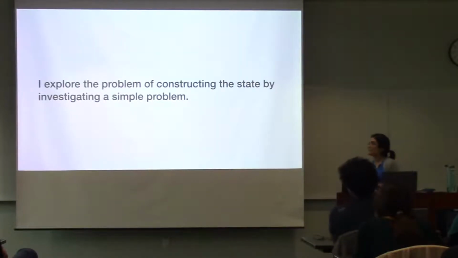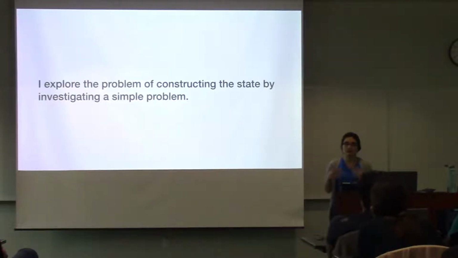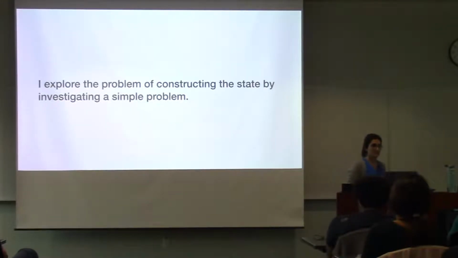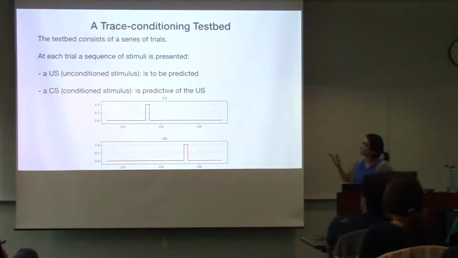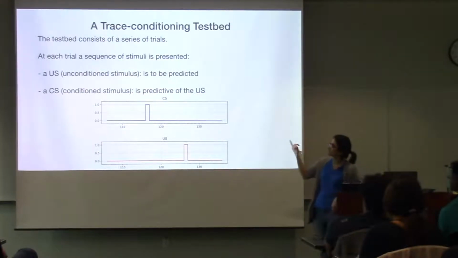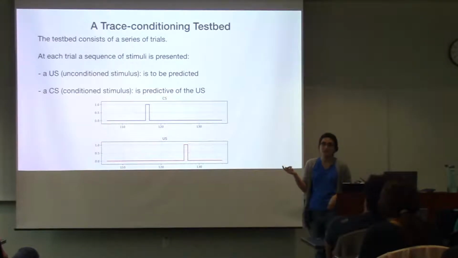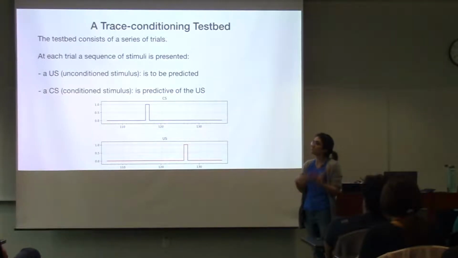In this talk, I will explore constructing the state using a simple problem. The problem is a trace conditioning testbed. The testbed consists of a series of trials. At each trial, a sequence of stimuli is presented: a US, or unconditioned stimulus, which is what we are interested in predicting, and a CS, or conditioned stimulus, which provides some information about the US.